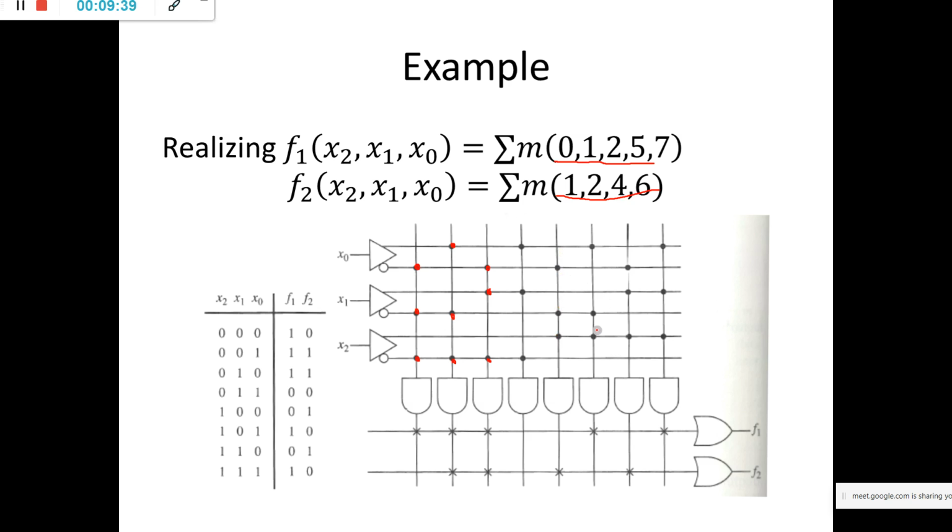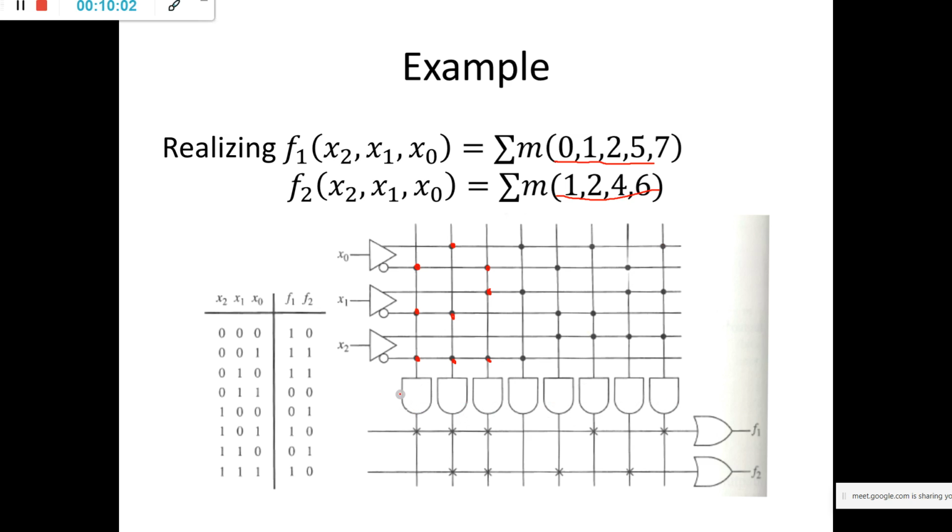Next we have 101. Next 110. Next 111. So here we have all the product terms generated from these 8 AND gates.